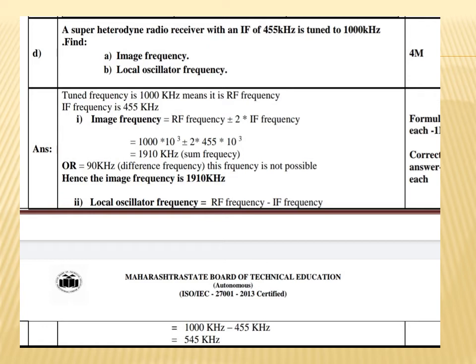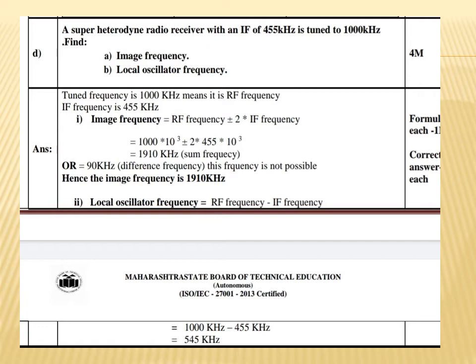The RF frequency is 1000 kHz and the IF frequency is 455 kHz. So it is 1000 into 10 raised to 3, plus or minus 2 into IF, which is 455 into 10 raised to 3.